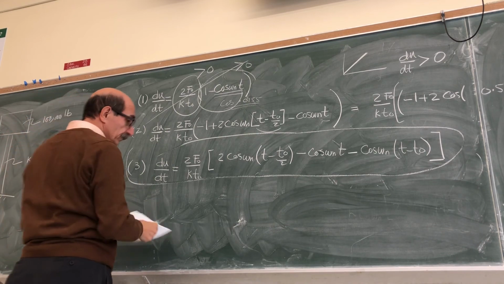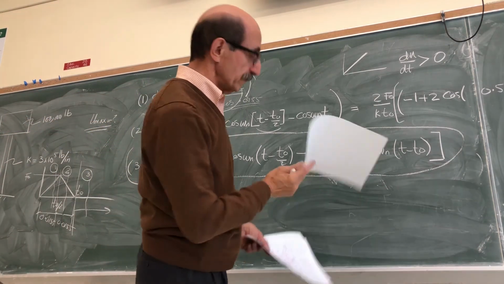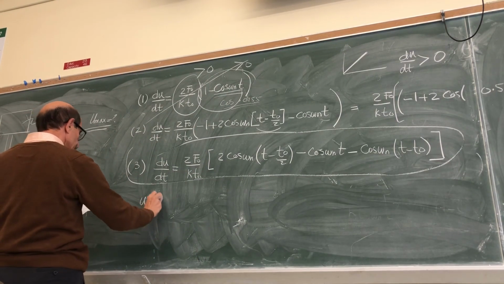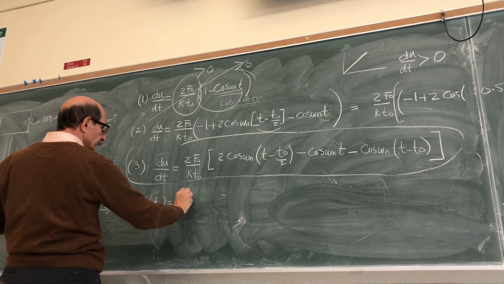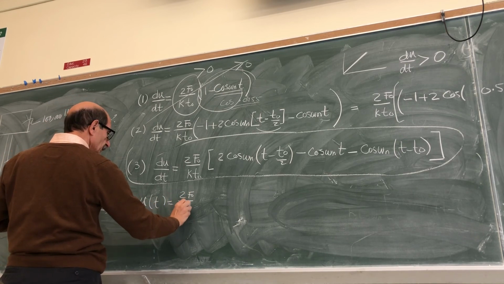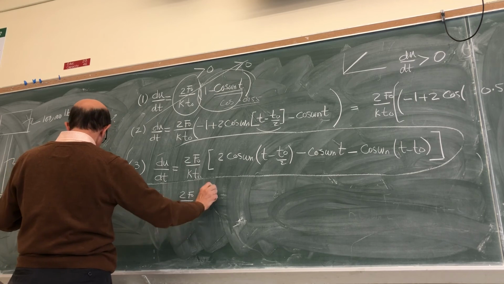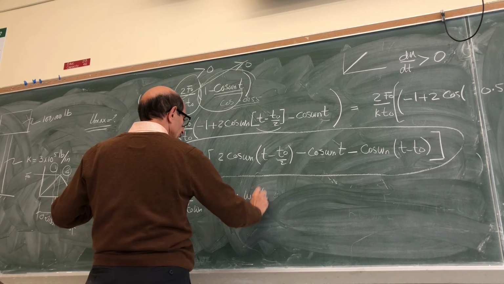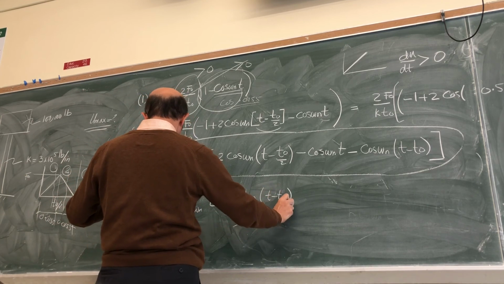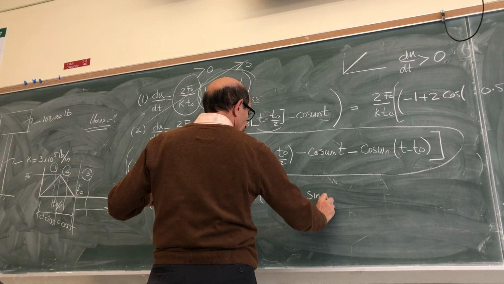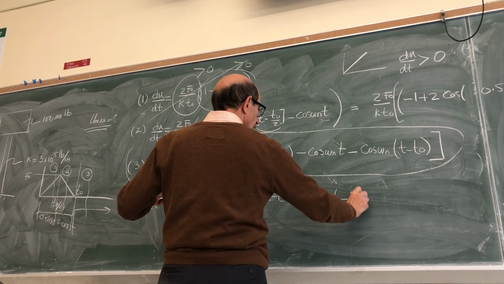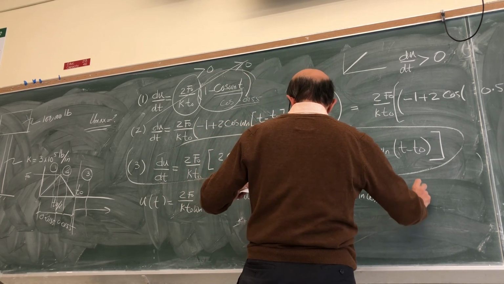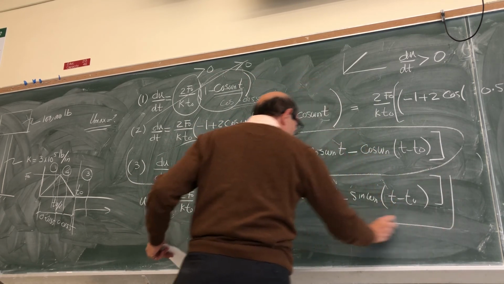So the equation that I erased, I may need to write it down. U of t was 2f0 over k t0 omega n times 2 sine of omega n (t minus t0 over 2) minus sine omega n t minus sine omega n (t minus t0), okay?